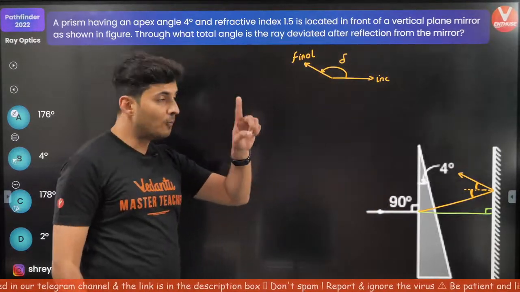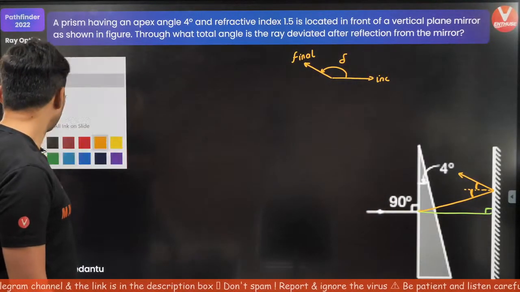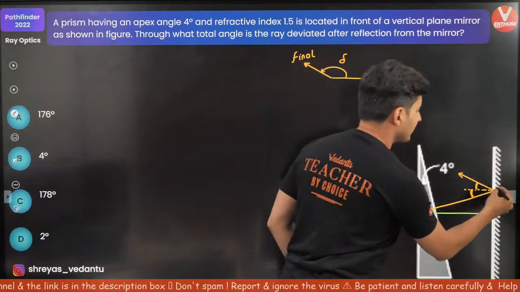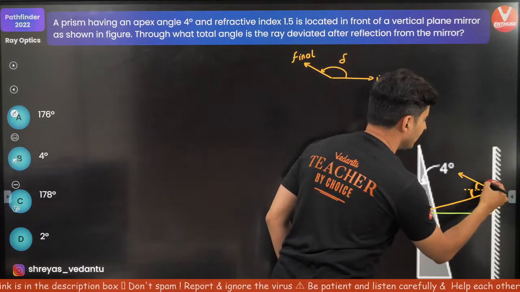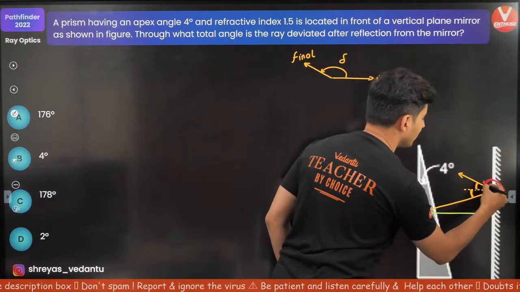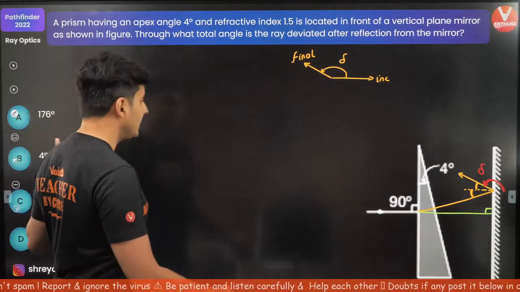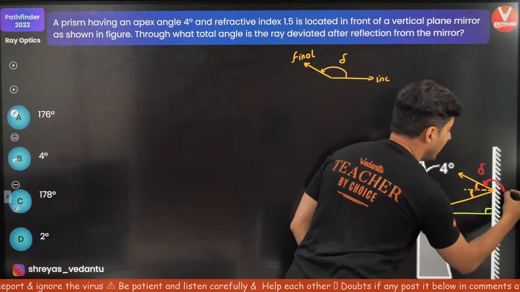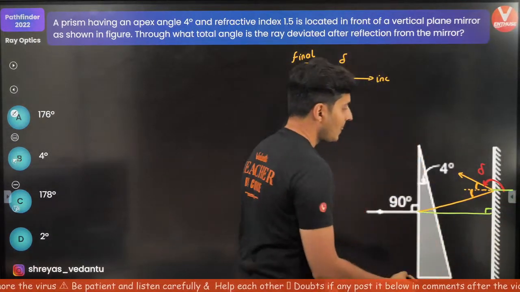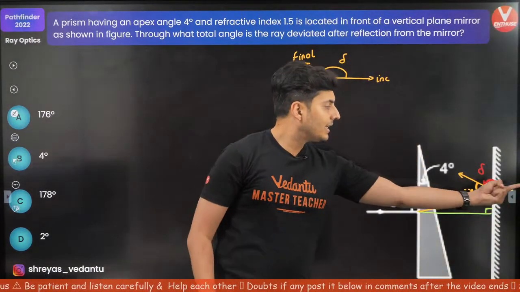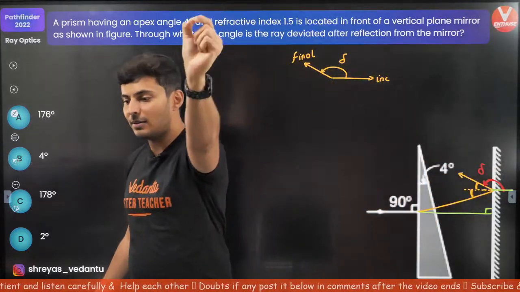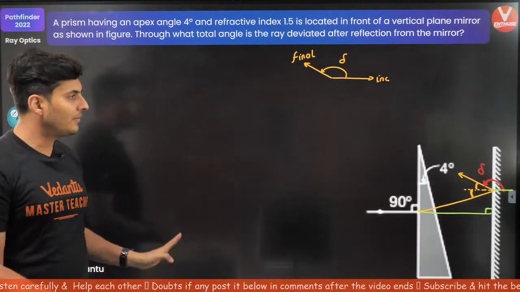If I had to mark that delta, I would mark it over here like this. See if you are able to visualize this. The reason I'm marking that as the delta is because this green line will be parallel to this green line over here. So the light ray was going like that, and it has turned by this much amount. Everybody agrees to this? Perfect.